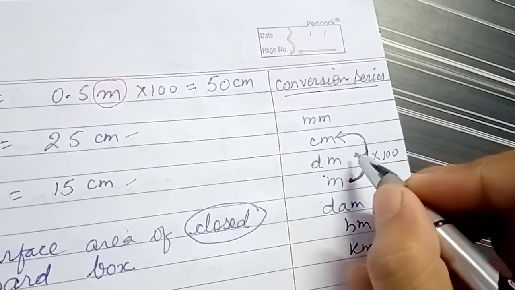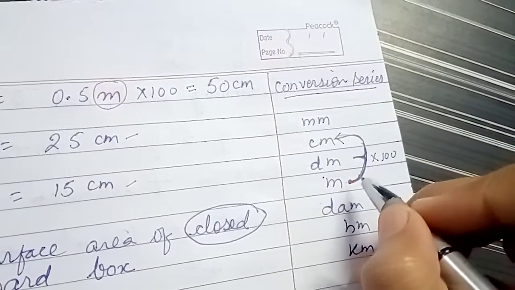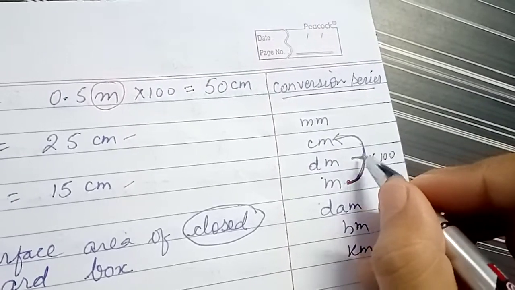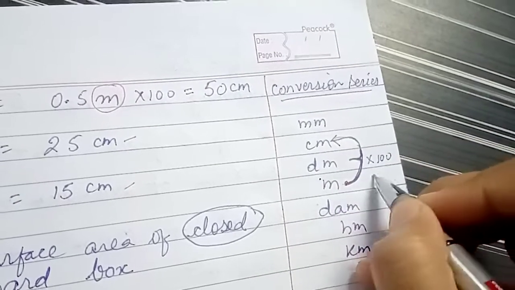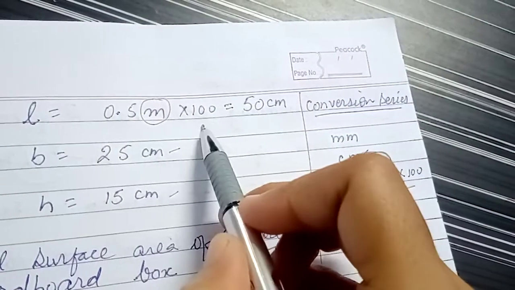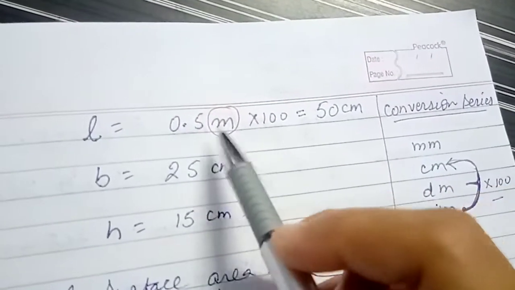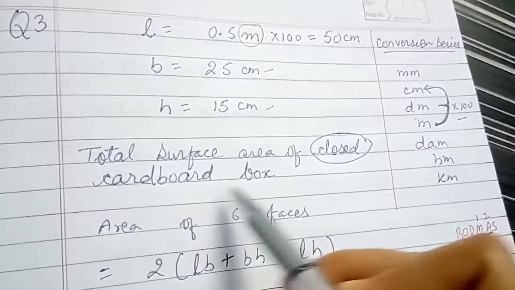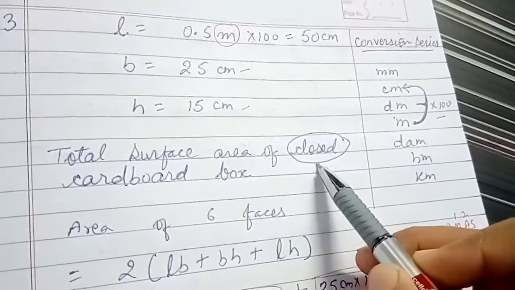When going up, we multiply, since you are going 2 steps up, for 1 step 10, again 10, so 10 tens are 100, so multiply it by 100. Okay, you will get 50 centimeter.